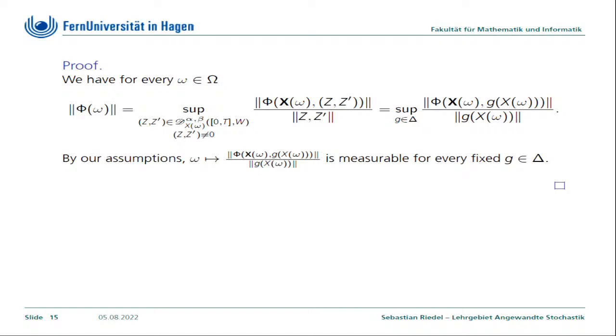And here from the continuity again, what I had to assume, it also follows that this is measurable. So this is actually a measurable function for every fixed G. But since I assumed that the delta here is countable, I have the supremum over a countable number of random variables. So also the supremum then is measurable.